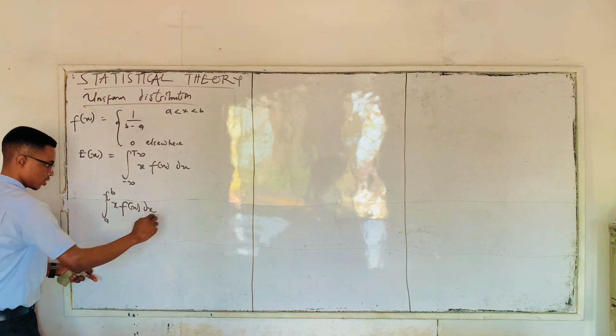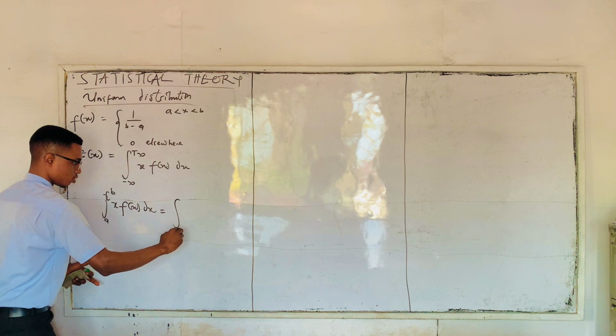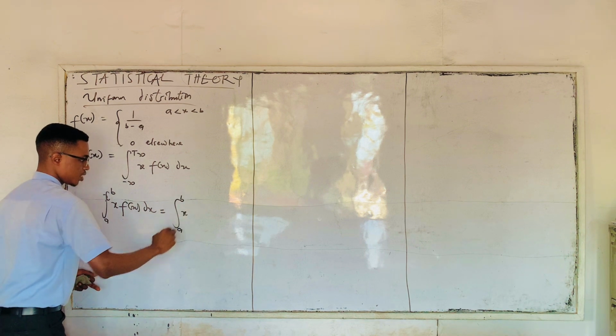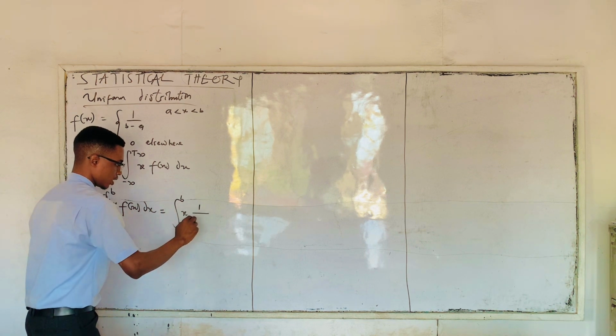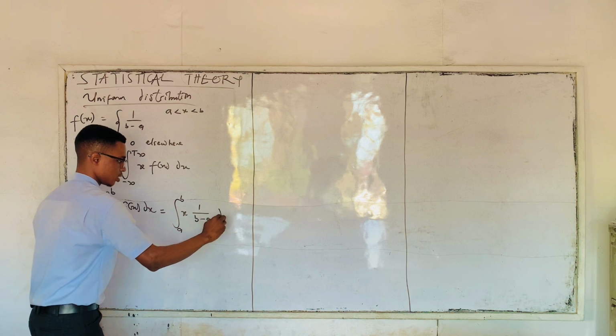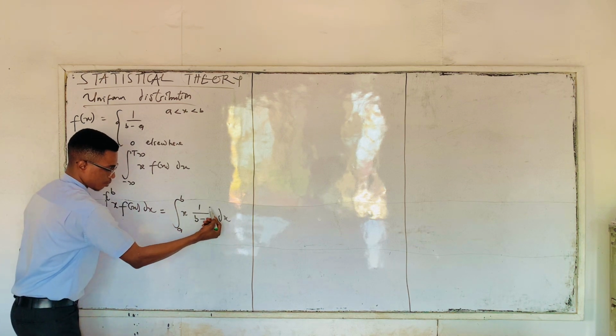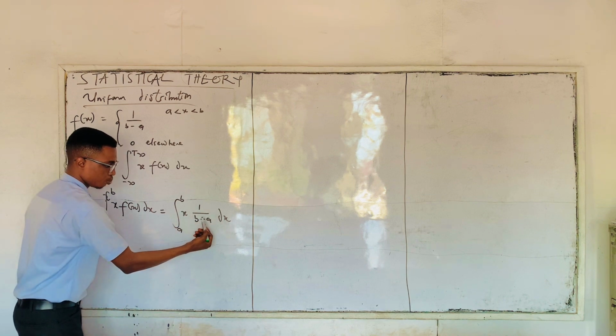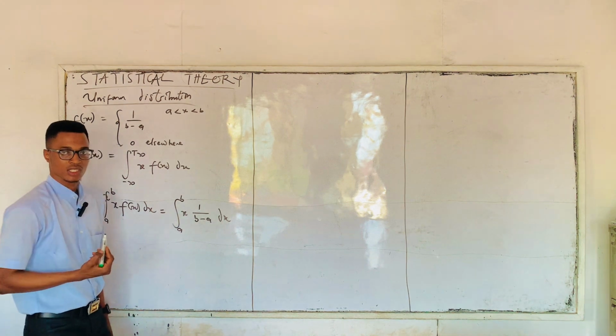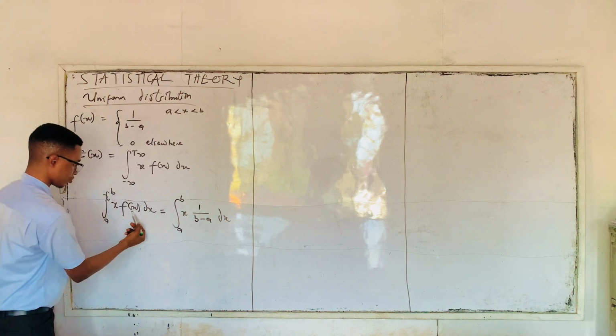So we have the integral from a to b of x times 1 over b minus a dx. Of course, the 1 over b minus a that happens to be the uniform distribution is the f of x.